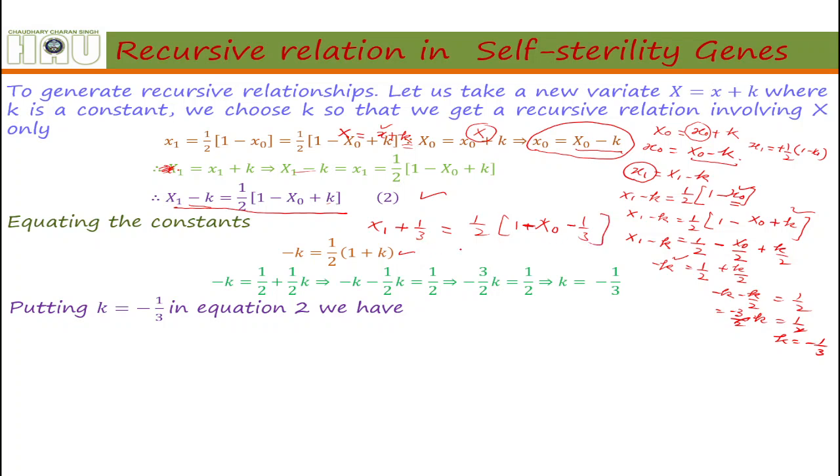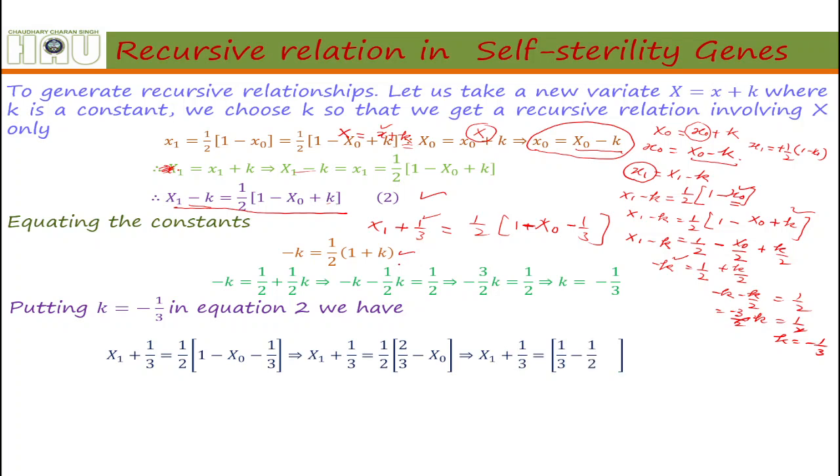So you can simplify, X1 plus 1 by 3 equals 1 by 2 into 1 minus X0, and on simplifying you will get X1 is equal to minus half of X0. So how will you find out X2? If we go like this, so this is minus half of X1.